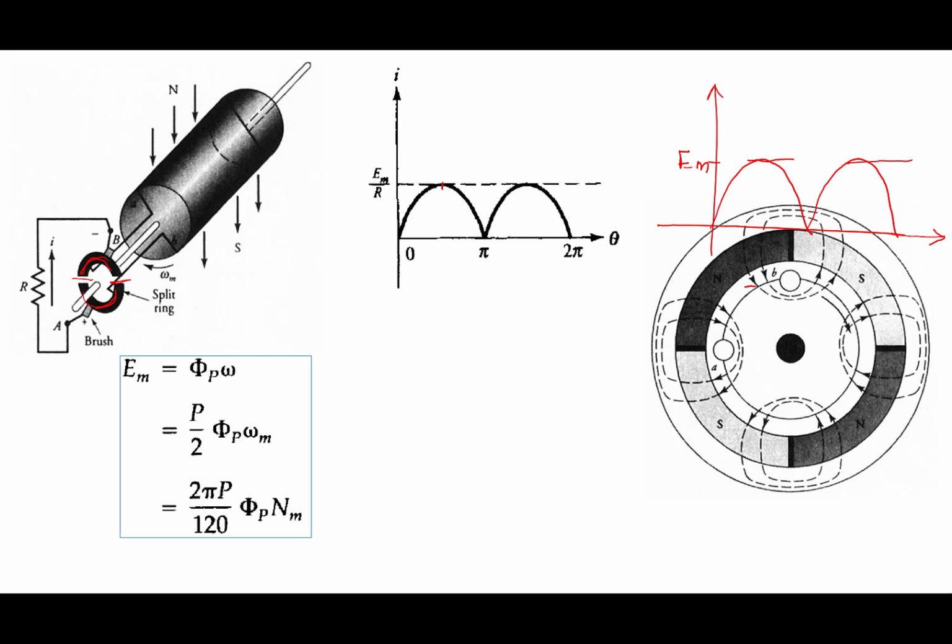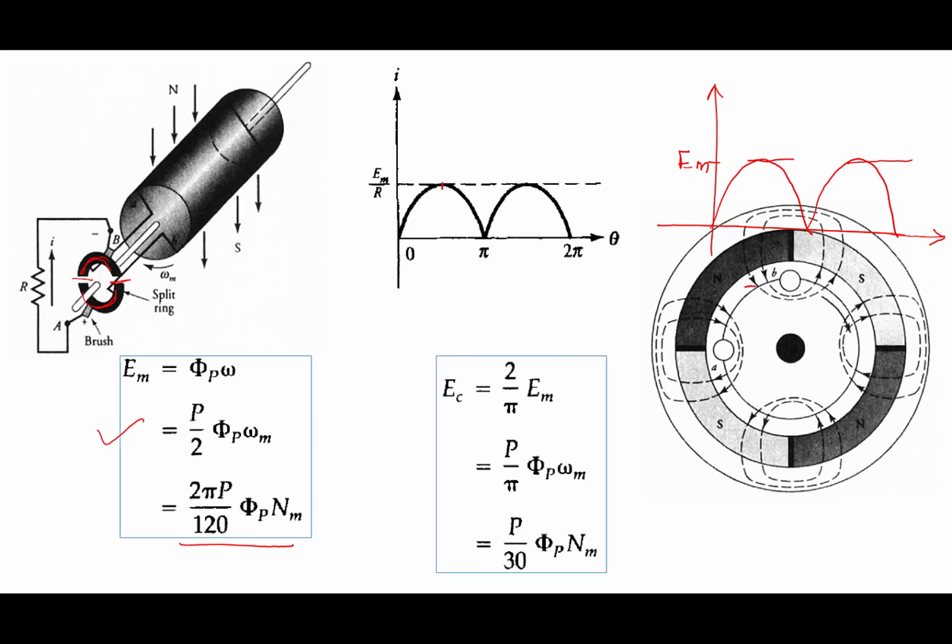Now EM, if I express this in terms of these parameters, finally in the speed term I will find 2 pi p by 120 phi p Nm, and the average value or average EMF induced in the coil I can write 2 by pi EM, and I can substitute EM from this equation to here, and I will find P by pi phi p omega m.